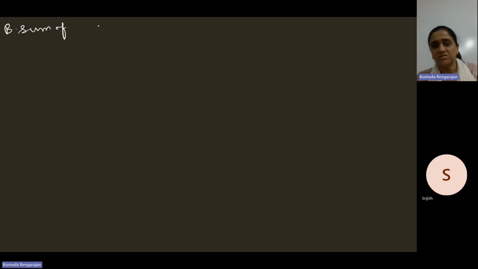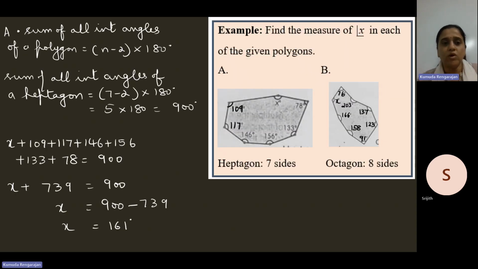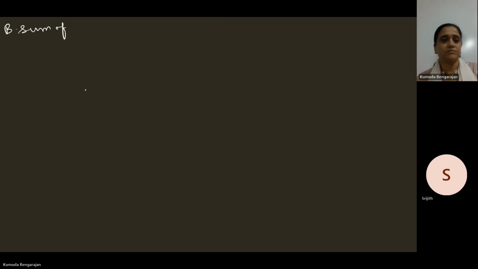Navneet, you must write both the steps. Sum of all interior angles of a polygon is n minus 2 into 180. Next, sum of all interior angles of a heptagon is 7 minus 2 into 180. You have not written that second line in your book, right? You have just written n minus 2 into 180 and then substituted.